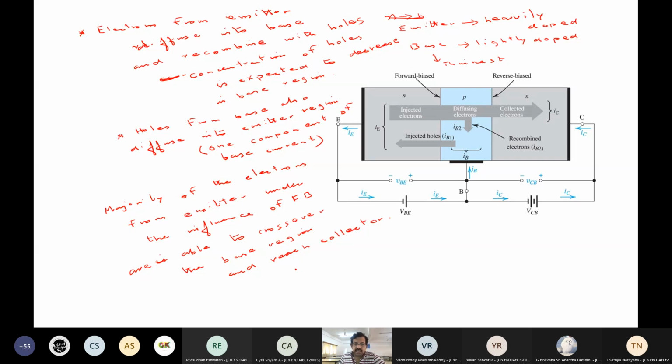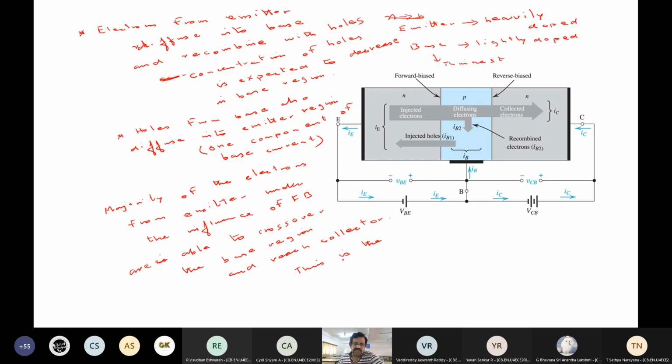This is possible only when, now you understand the reason why the parameters are like that. The design of the transistor is made in such a manner that the emitter is heavily doped, so you have a large amount of electrons coming from the emitter. It emits the electrons. The base is made thinner and lightly doped so that the majority of the electrons escape the recombination process and reach the collector. And this is exactly what is required for an active mode of transistor operation.